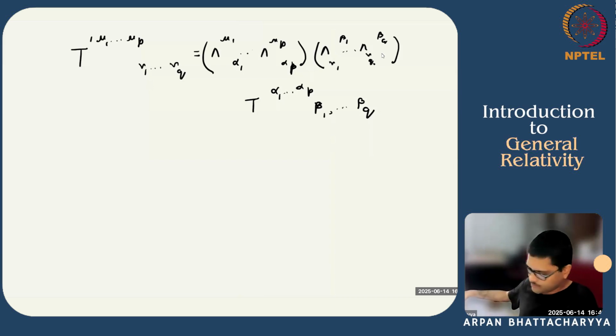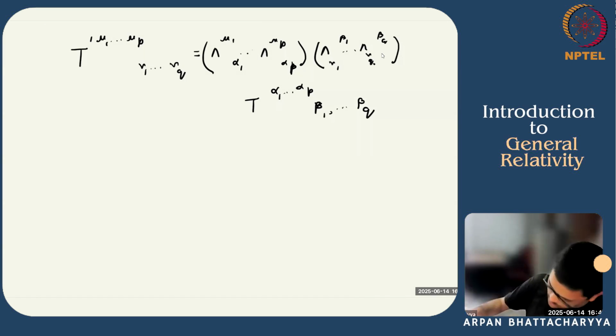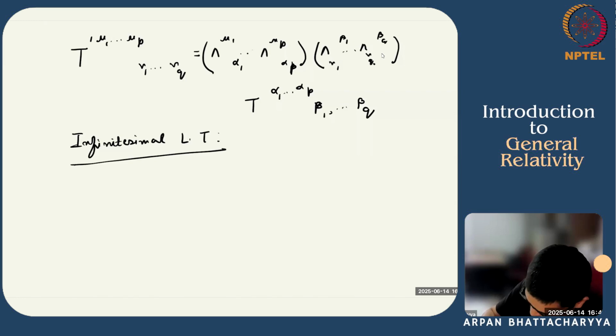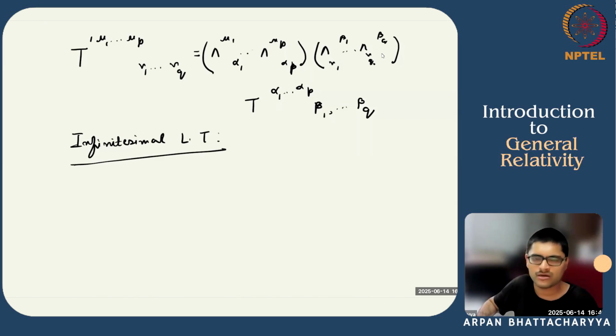So one more thing, remember that we discussed something called the infinitesimal Lorentz transformation. Let's revisit that. First of all, remember that we can only define infinitesimal Lorentz transformation for the proper Lorentz transformation, and also as we discussed earlier, we will only focus on the proper orthochronous Lorentz transformation.